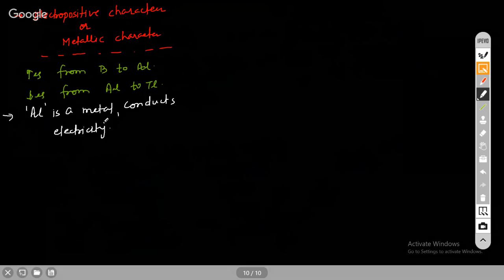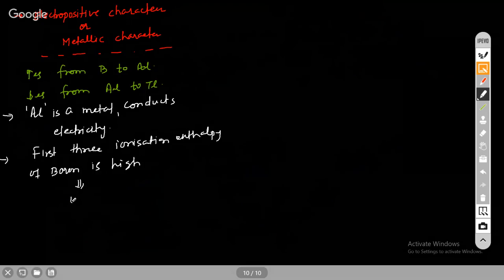Since you see boron, the ionization enthalpy, or if I write down the first three ionization enthalpies of boron, is high, and hence it is a non-metal.